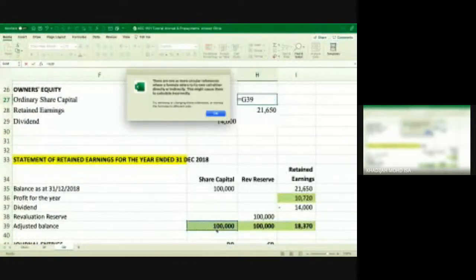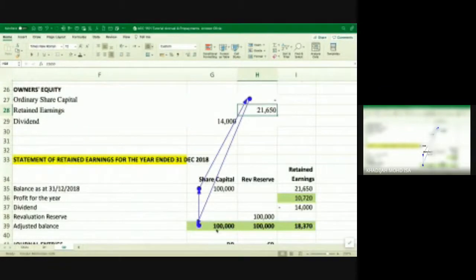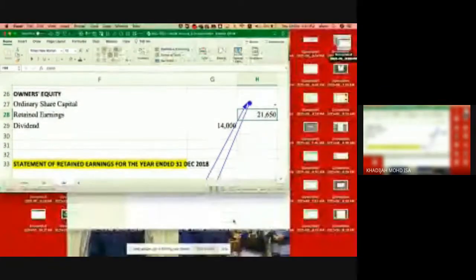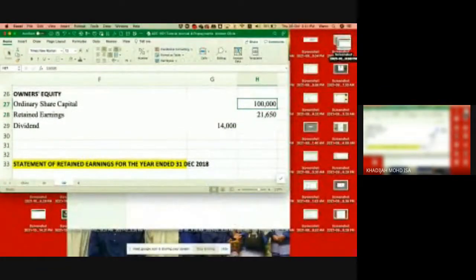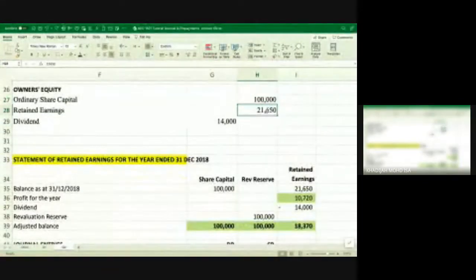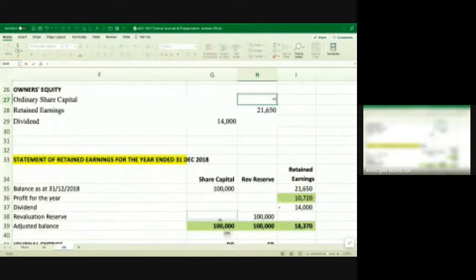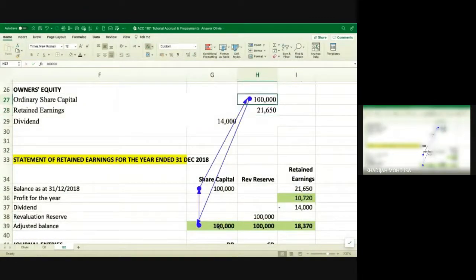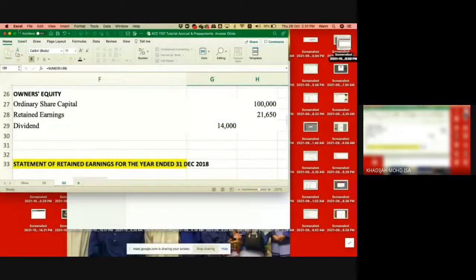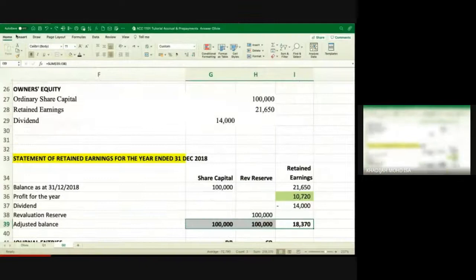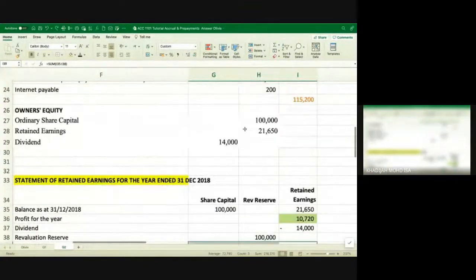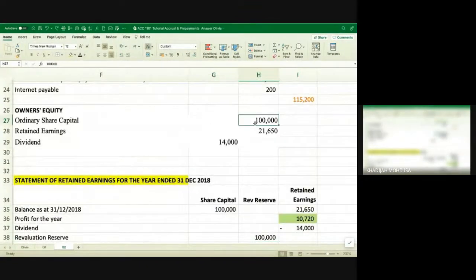Right. Okay. Undo that. I cannot have this? Okay, never mind. I'll just do this. I have to type 100,000.